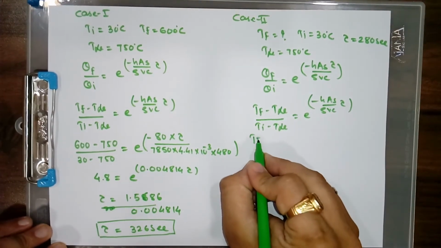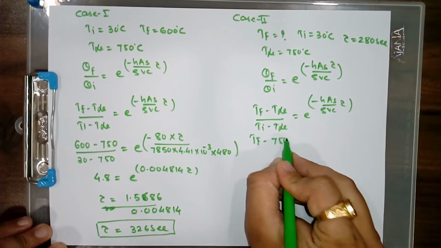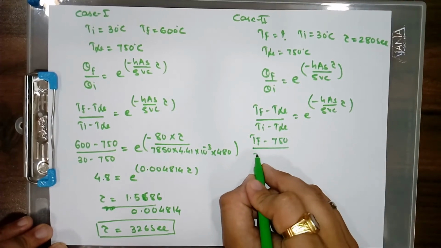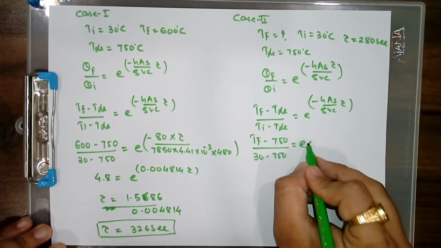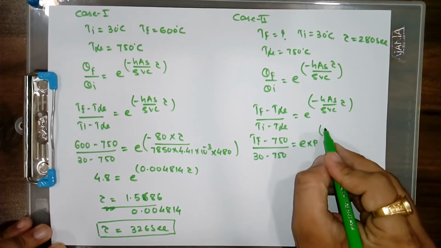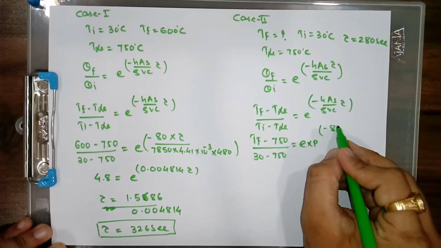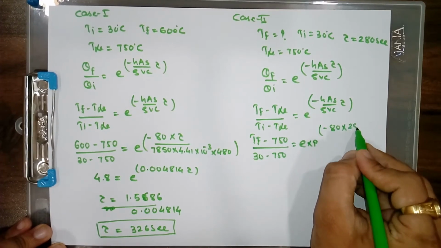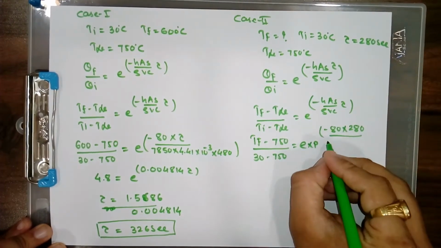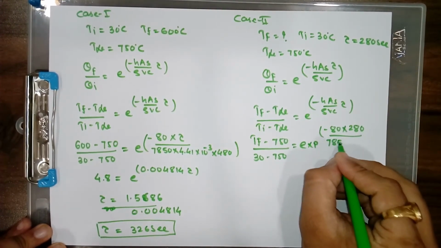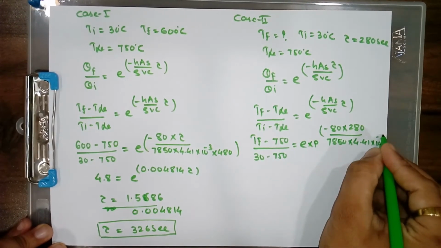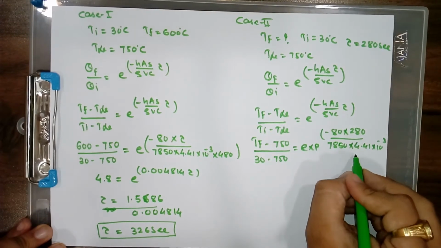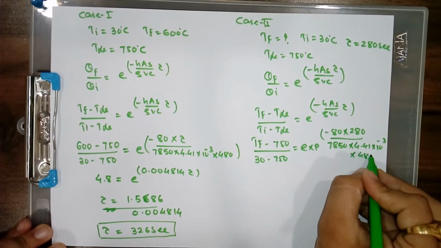So TF minus 750 divided by 30 minus 750 equals exponential of minus 80 into 280 divided by density 7850 into 4.41 into 10 to the power minus 3, that is Lc, into c, which is 480.